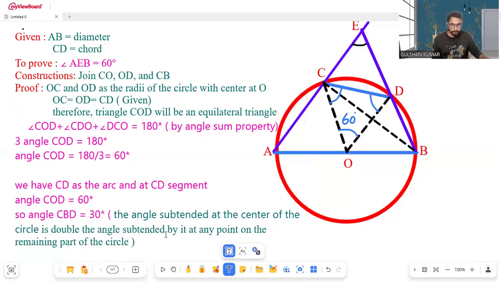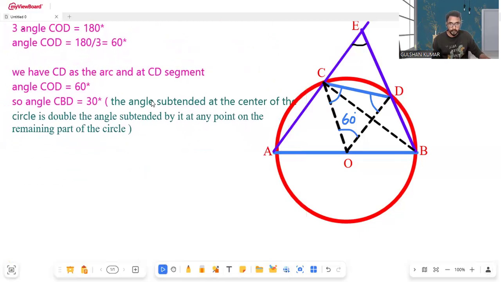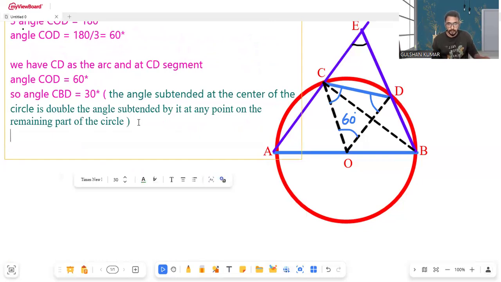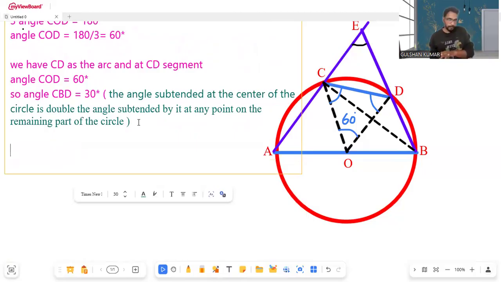Here it is clear. We have to shift over it so that we can easily write and you can easily understand. So basically, this is CD, and this is the segment of a circle. We have a theorem that COD, at the center of the circle, makes a 60-degree angle on that particular segment CD.